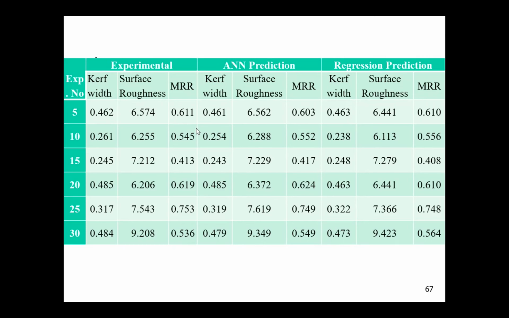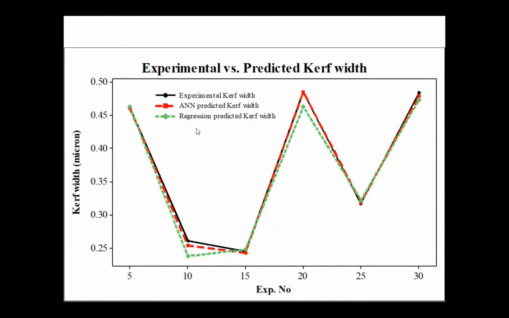Now I am going to compare. The black is the experimental output and the red is the ANN output and the green is the regression output. So here you can see both the experimental and the ANN is fitting exactly. That is highly effective prediction is possible with the ANN.